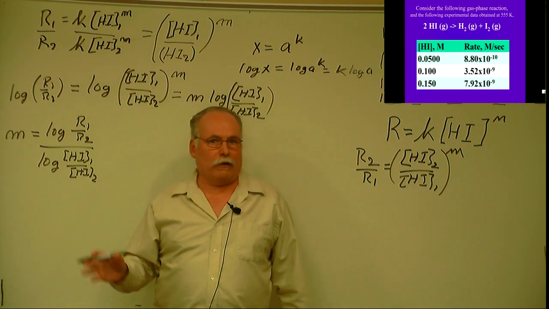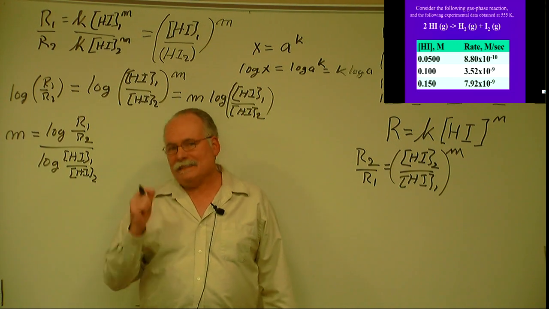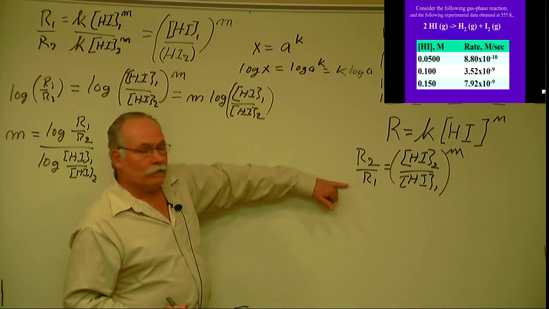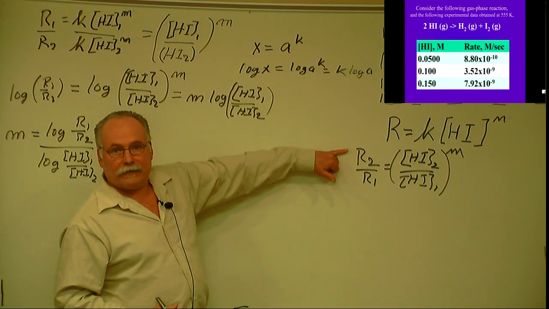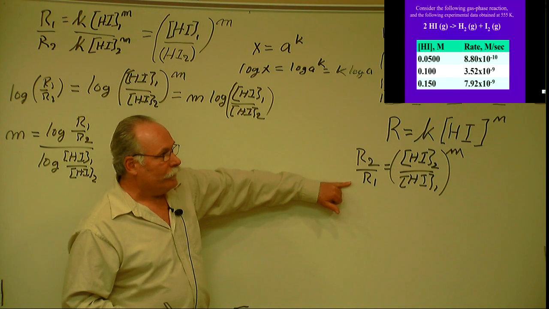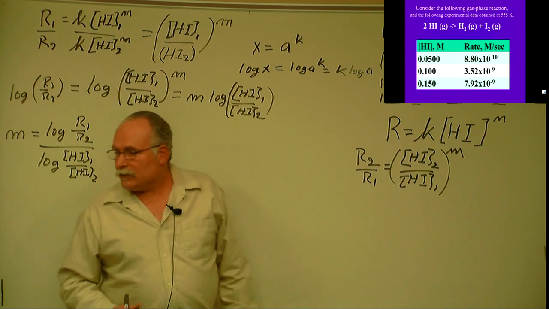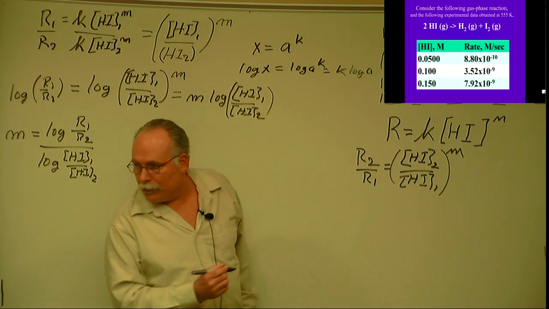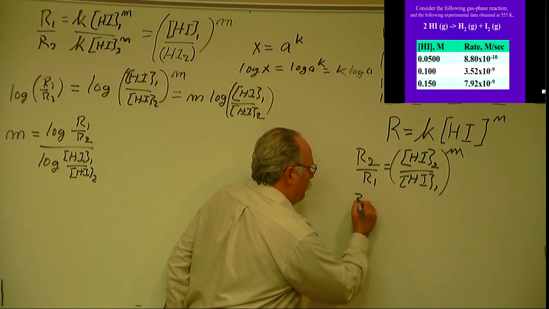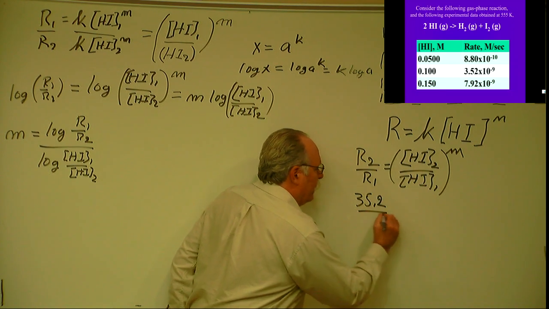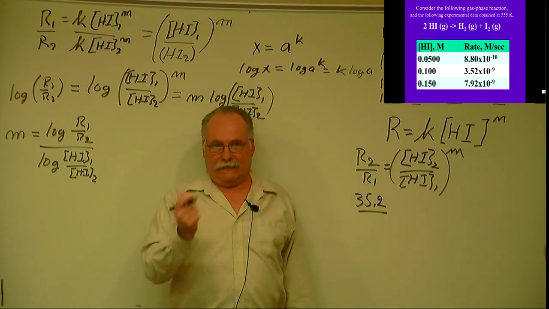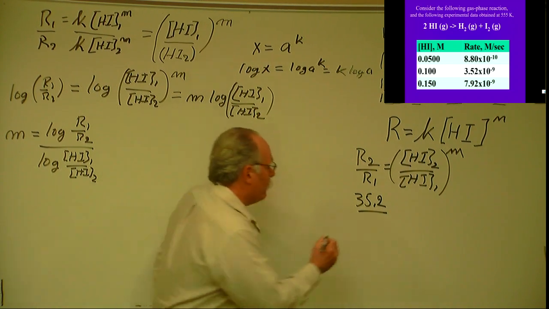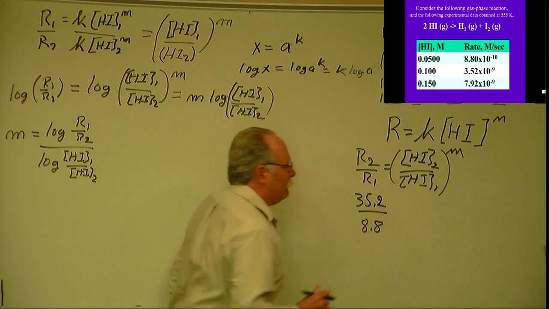So if I multiplied all 3 of those values by 10 to the 10, the numbers change, but the ratio doesn't, because if I multiply this by 10 to the 10 and this by 10 to the 10, that equals 1, okay? So I'm going to make life easier here, and I'm going to say R2 is equal to 35.2 divided by 8.8, because I multiplied it by 10 to the 10, and I get rid of the 10 to the minus 10.